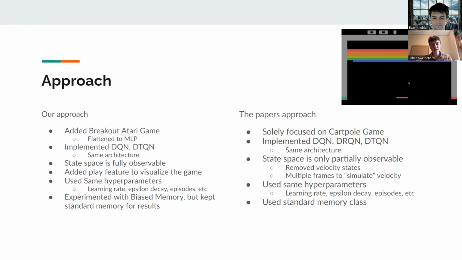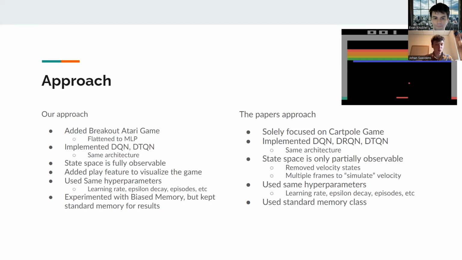Additionally, we did some small things like adding features to visualize the game and allow the game to play out so we can provide some great visualizations. But for the most part, we use the exact same hyperparameters. So we use the same learning rate, epsilon decay, gamma, and number of episodes, since we were trying to replicate the results as much as possible. This means that the hyperparameters we use for the MLP DQN for the CartPole game are the exact same hyperparameters we used for Breakout since we want to keep that consistency.